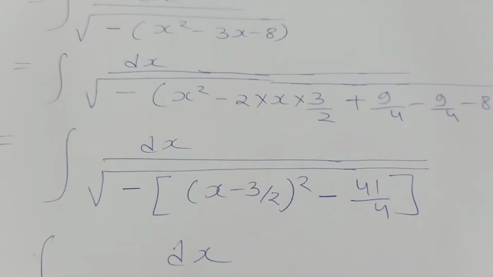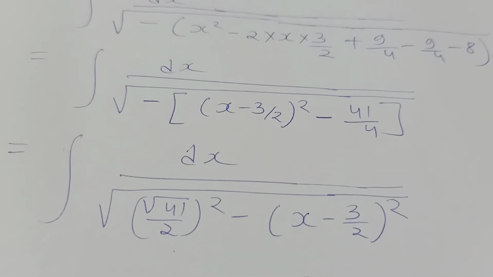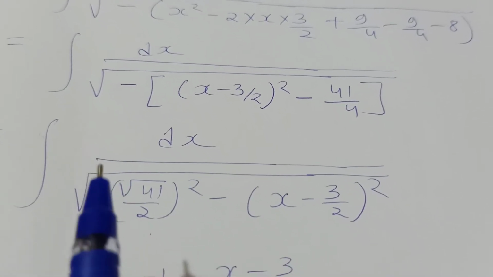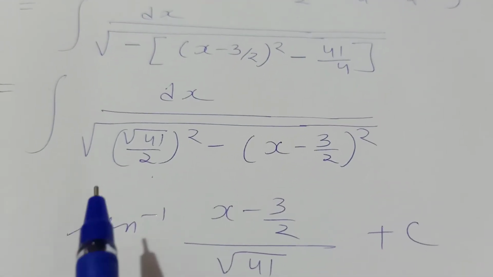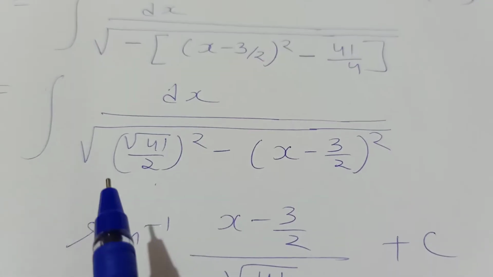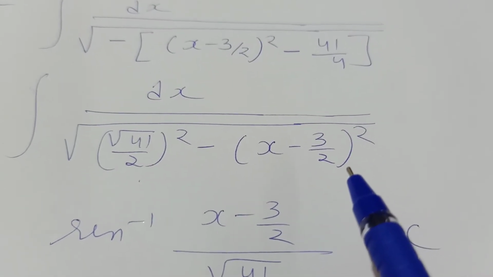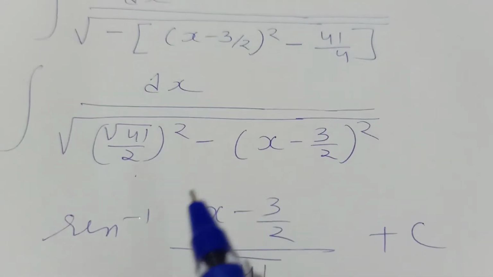Now if we rearrange it, we will get dx upon root of (root 41 by 2) square minus (x minus 3 by 2) square. So now this is in the form of dx upon root a square minus x square. So we can use the formula for this directly.